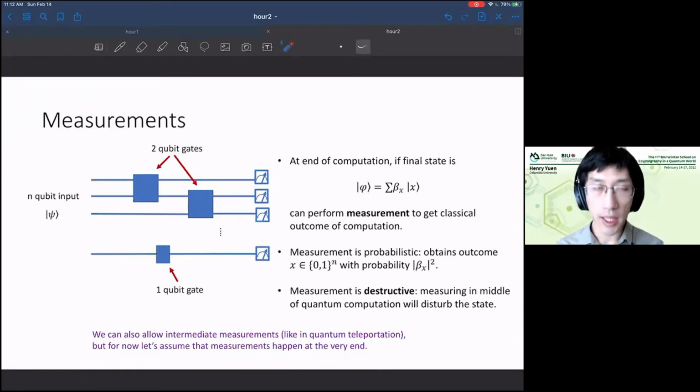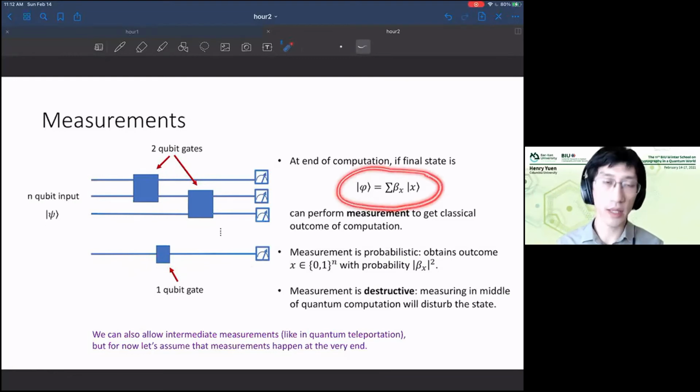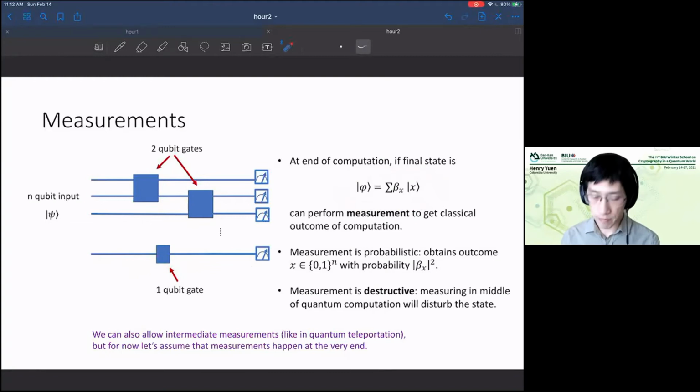And so what that means is, we can think of a circuit as specifying that you're going to apply a sequence of unitaries. So the first part of the circuit is unitary evolution, and then you measure at the very end. So at the end of the computation, you'll have some general n-qubit quantum state. And when you measure, let's say, all the qubits, you're going to get some n-bit string with a probability that's related to the amplitude in this way.